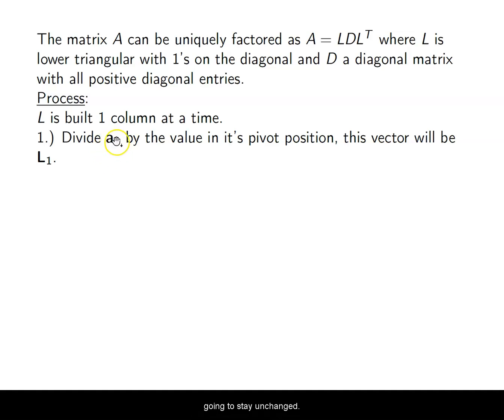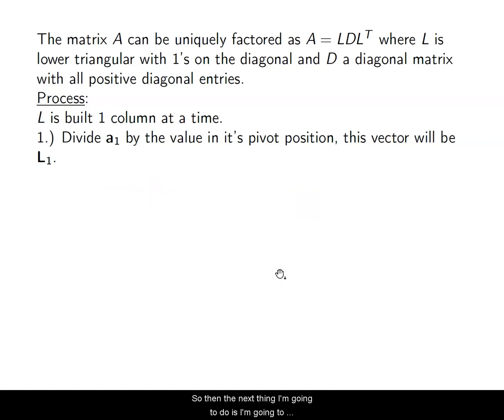Okay, so my A1 vector is going to stay unchanged, but the way that I build L1 is I take that A1 vector and divide it by whatever the first number is, and that's what L1 is going to be. Okay, so as of right now, that first column in A would be unchanged, but L1 would look like all of those entries from A1, but divided by that first A11 term.